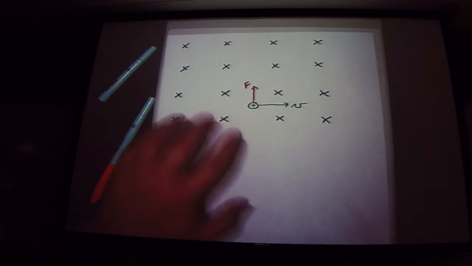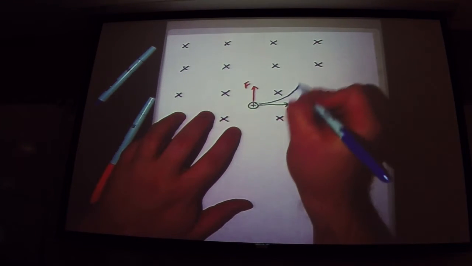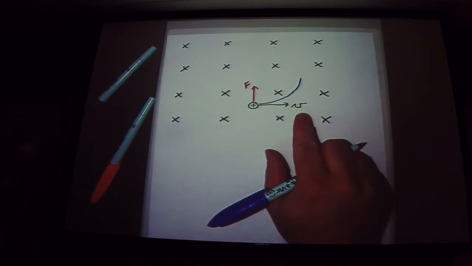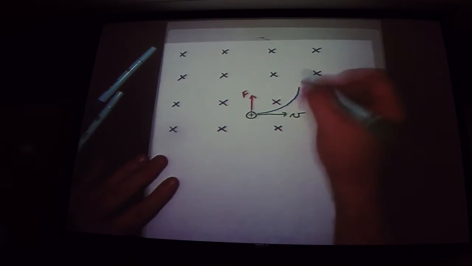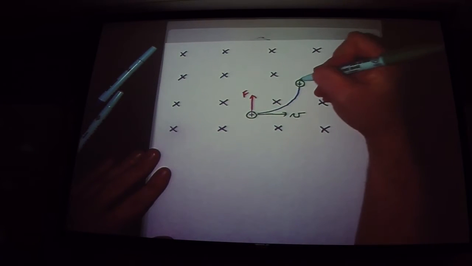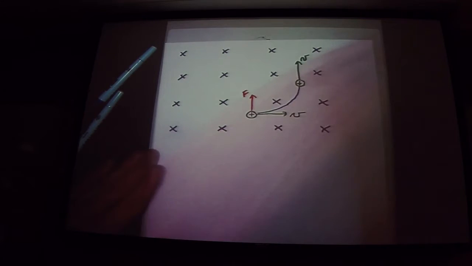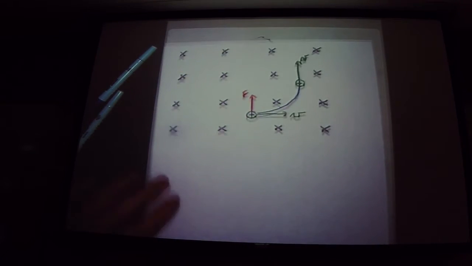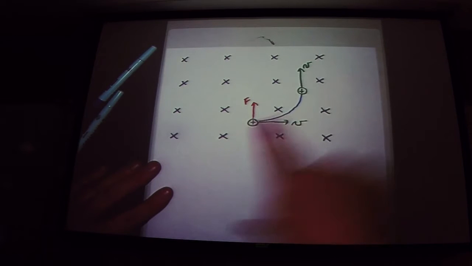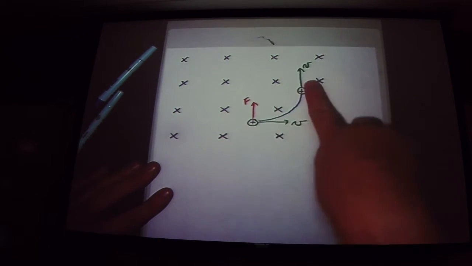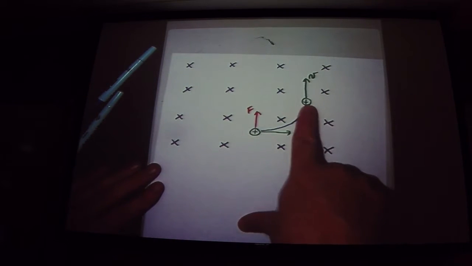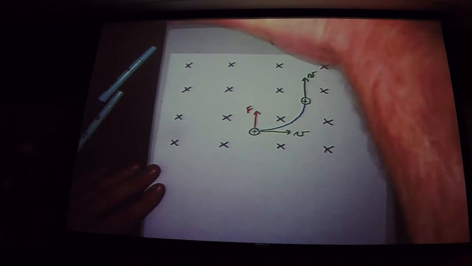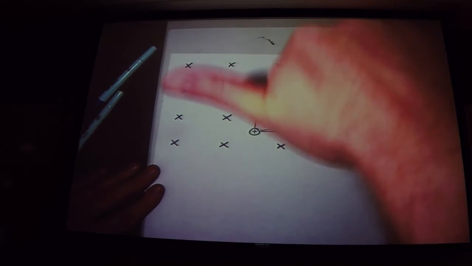In this case, the particle will change its direction of motion, still continue to go with the speed v, and move in a circle. When it gets up here, moving this way, the force continues to change direction right along with the velocity. When we get up to this point, you go straight up, so when your fingers turn, they're into the page.